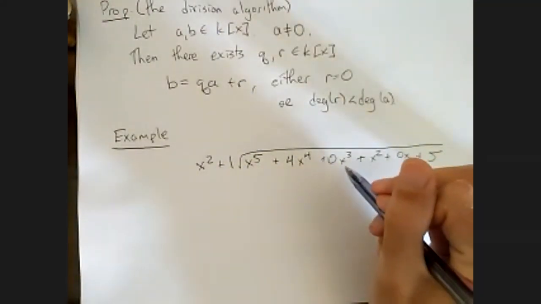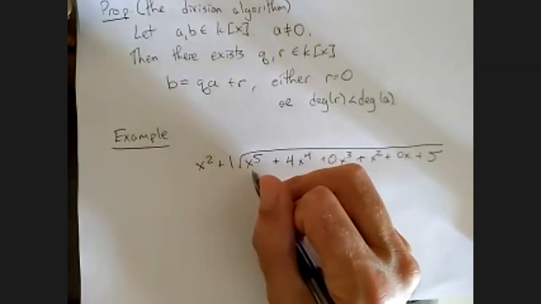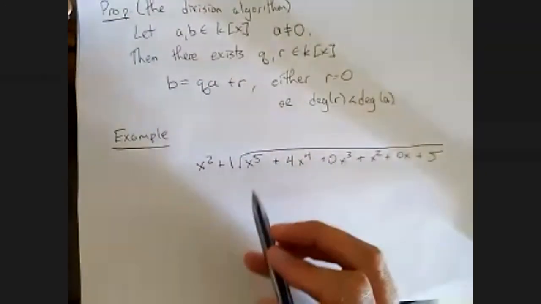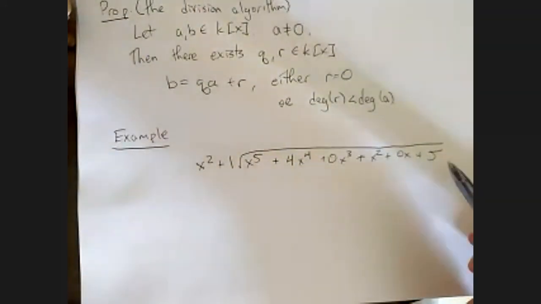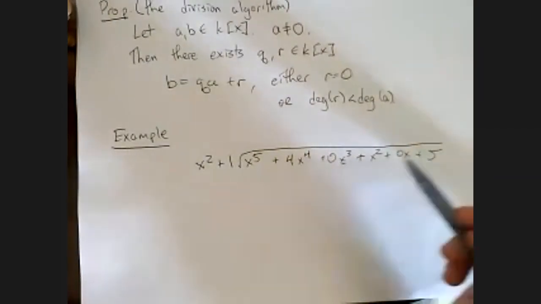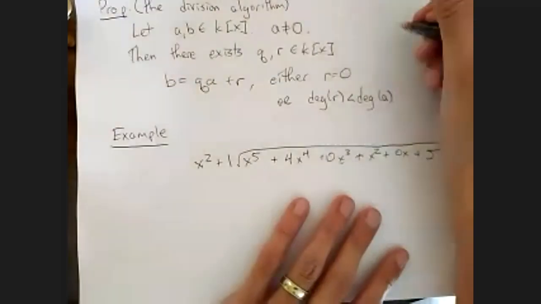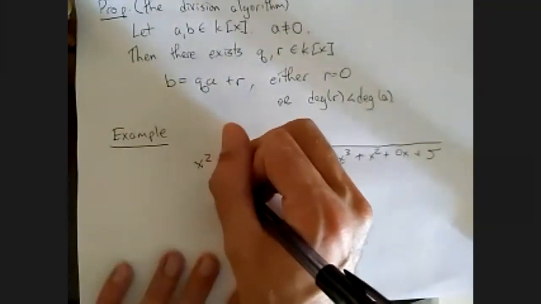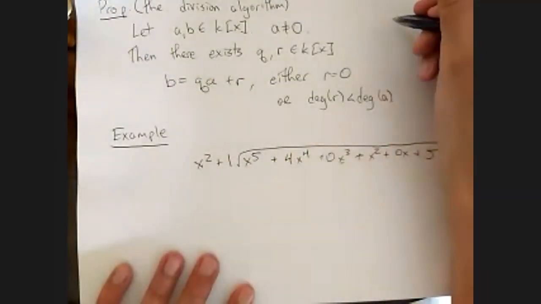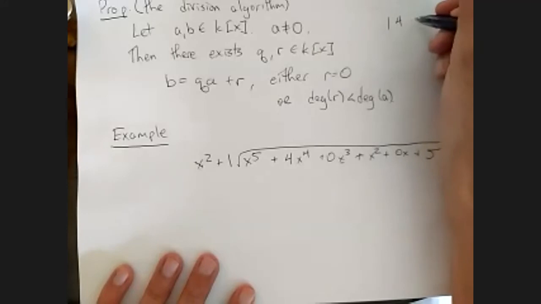Notice when I divide, I include a place for every possible degree up to the total degree of the polynomial. So even though this is a polynomial x to the 5th plus 4x to the 4th plus x squared plus 5, I include the x cubed and the x places. You think of x squared plus 1 as really x squared plus 0x plus 1.